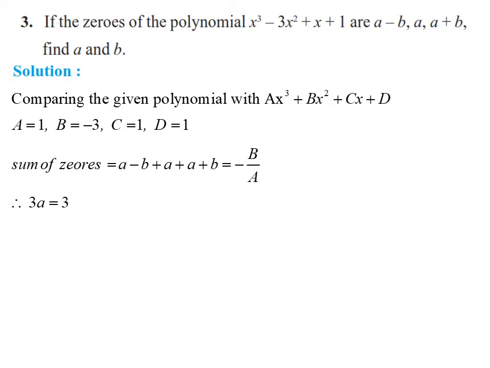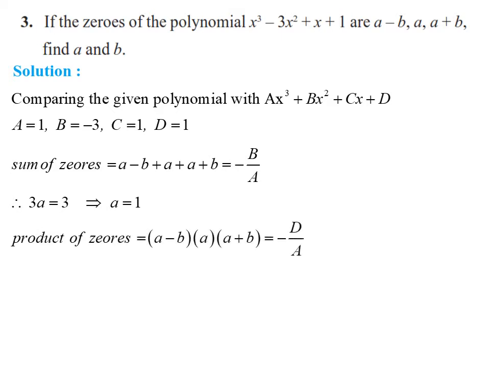Therefore you get the value of a equals 1. Now the next concept, the product of zeros, which is a minus b into a plus b into a, equals minus D by A. Taking a as it is, a minus b into a plus b can be written as a square minus b square. So it can be written as a into a square minus b square equals minus 1. We know the value of a is 1.